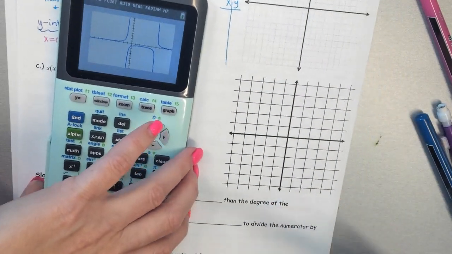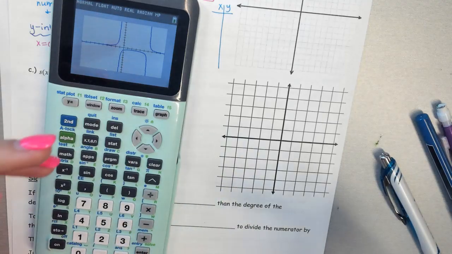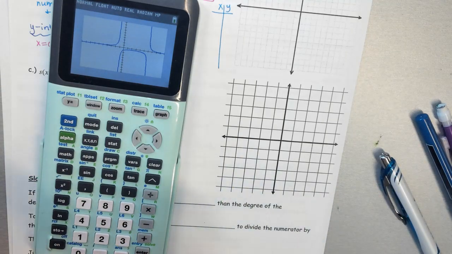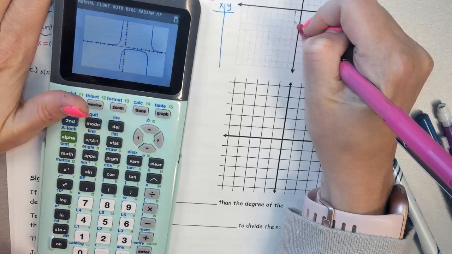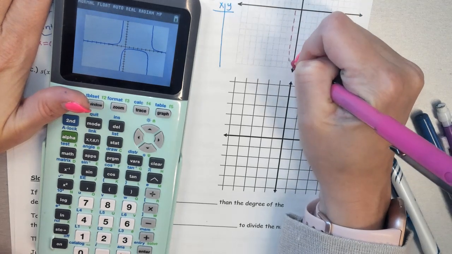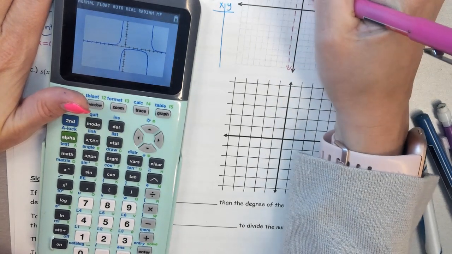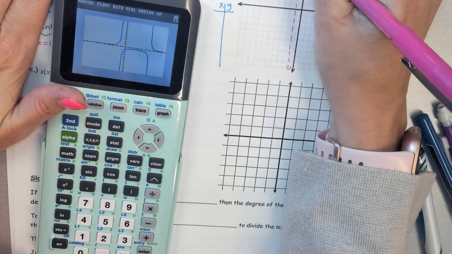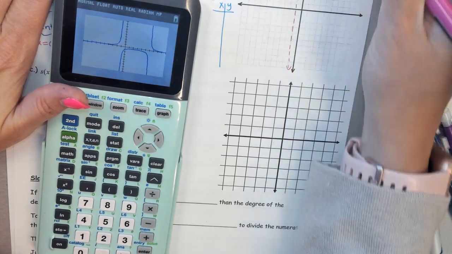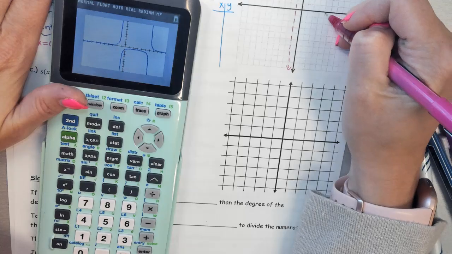which means I'm going to scale this by ones. And then when that happens, I like to put in my asymptotes right away. So we have x is equal to negative 1. That's going to be a vertical asymptote, which we will label. And then 1, 2, 3, 4, 5, 6.